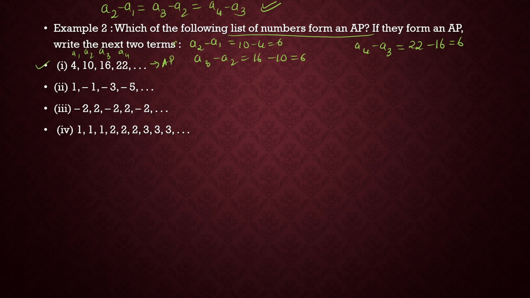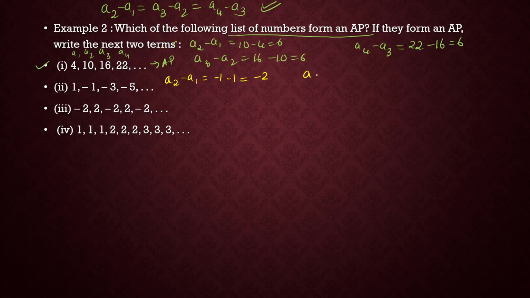For the sub question, we'll go through it later. First, let's see which of the following form an AP. 1, minus 1, minus 3, minus 5. For this, first I'll find out the common difference. A2 minus A1 is equal to minus 1 minus 1, that is equal to minus 2.